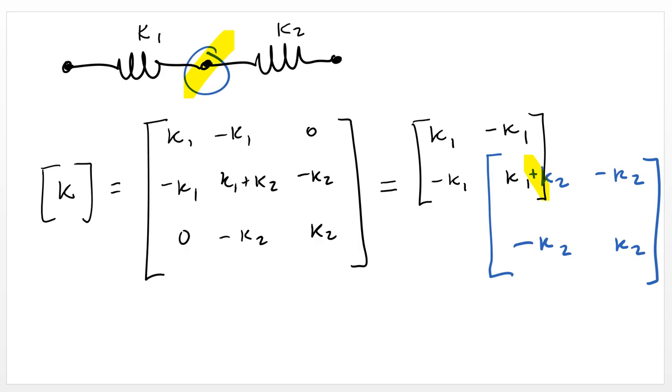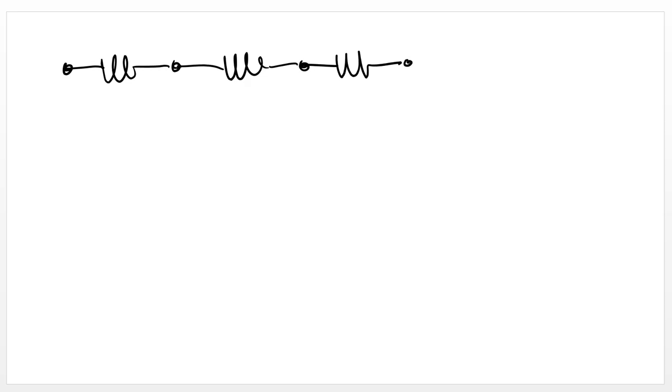That's an extremely useful and important property. We're going to talk more about it, but I just want to leave you with that so you can think about it. If you had more springs, let's say, connected in the same way in series, you could easily come up with the stiffness matrix of something like this.